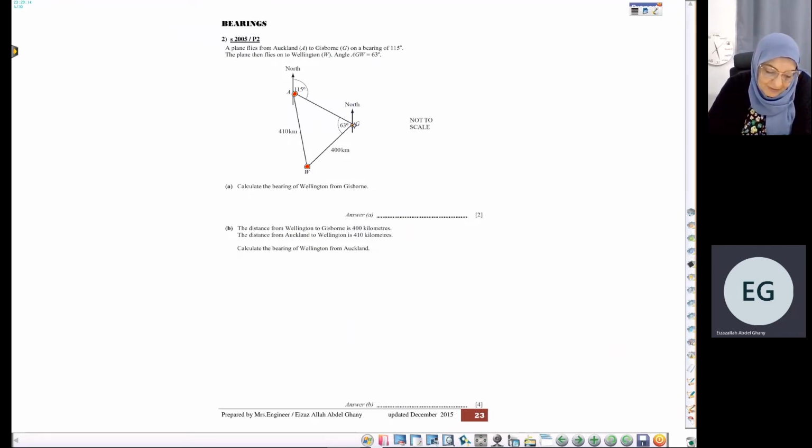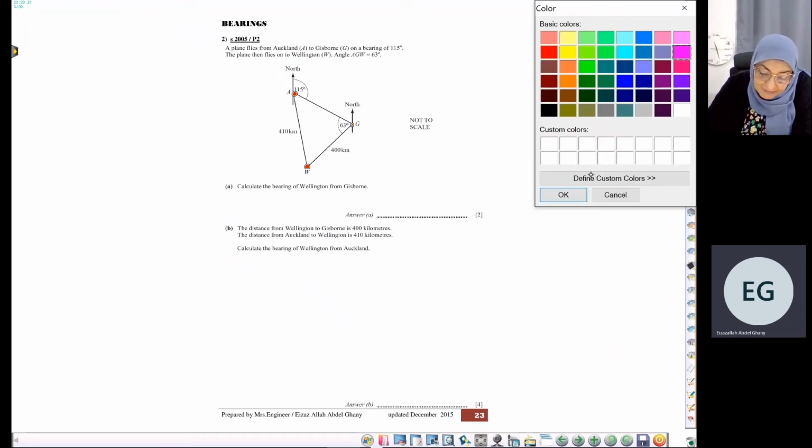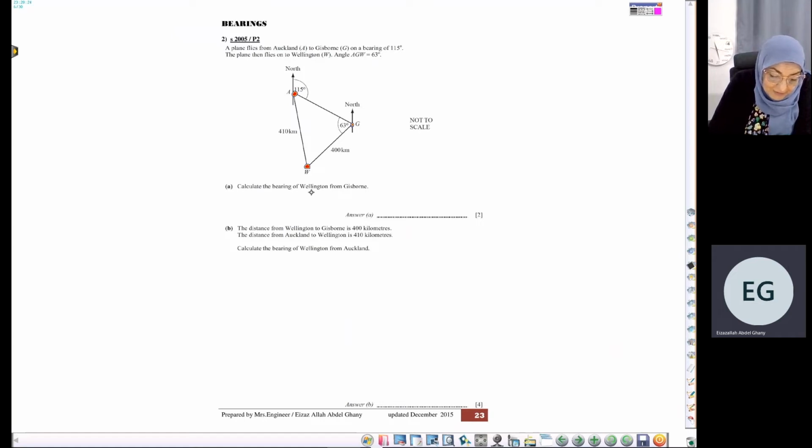So what is the bearing that we need to find? It is W from G. Put your pencil on the north at G and rotate clockwise. First of all, let's remember that two north lines are parallel.